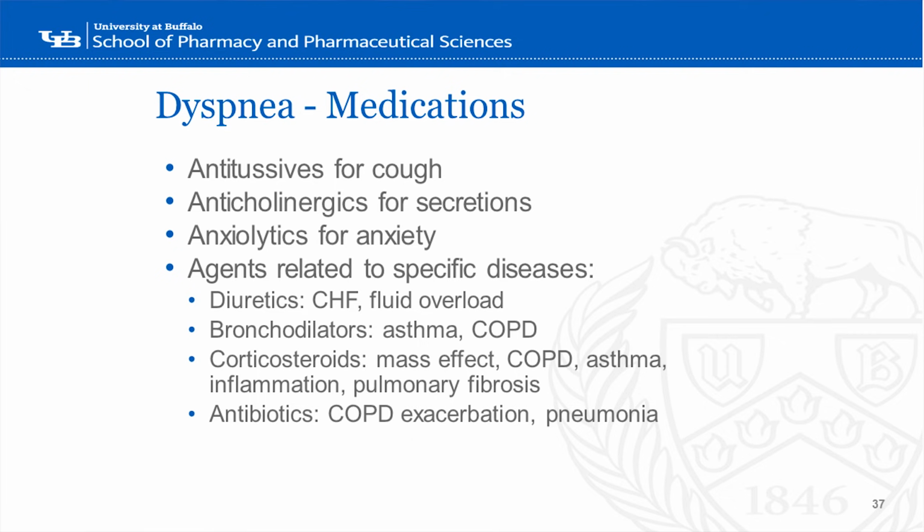Many times we'll use anticholinergics to decrease secretions, anxiolytics to help with the anxiety associated with it, and then specific disease interventions, including diuretics and fluid overload, bronchodilators when appropriate in asthma and COPD, corticosteroids for a number of effects, including mass effect, COPD, asthma, inflammation, or pulmonary fibrosis, and then antibiotics when there appears to be an infection.